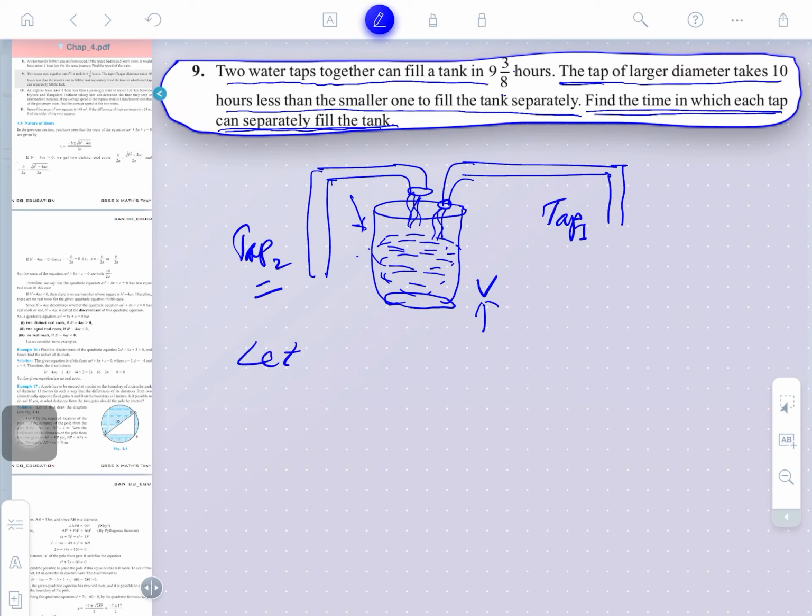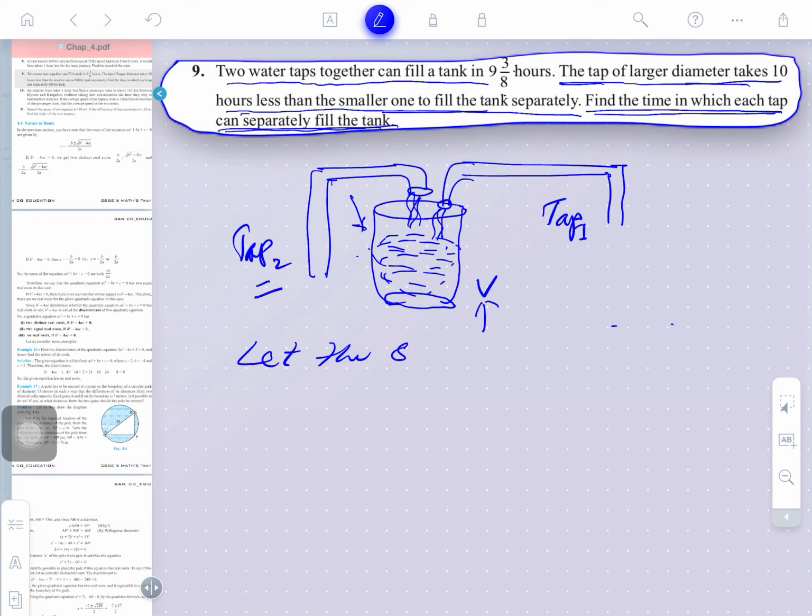So you will suppose, let each tap, larger and smaller, take some time. The case is given: the larger diameter takes less than the smaller one.